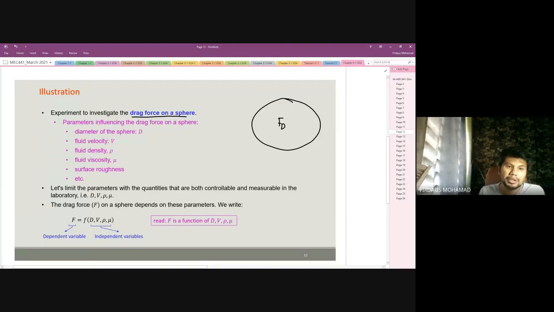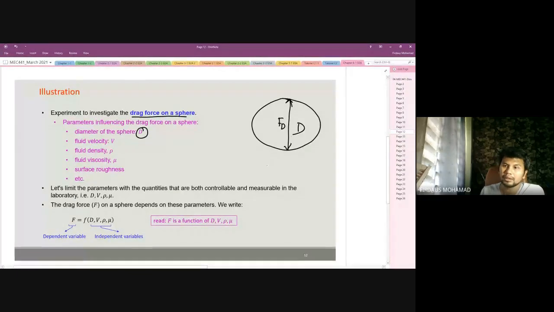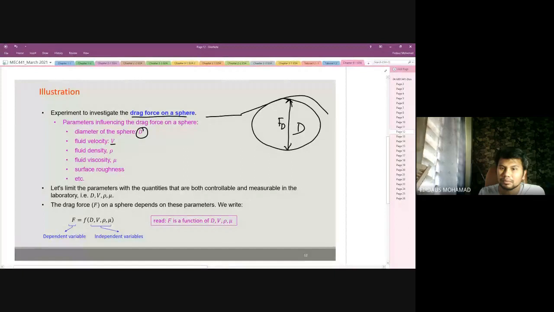Okay. So parameter influencing the drag force on the sphere is of course dia punya shape lah, dia punya physical, which is diameter of sphere ataupun ball to itself, and then fluid velocity, fluid passing through the ball punya velocity, and then fluid density berubah.